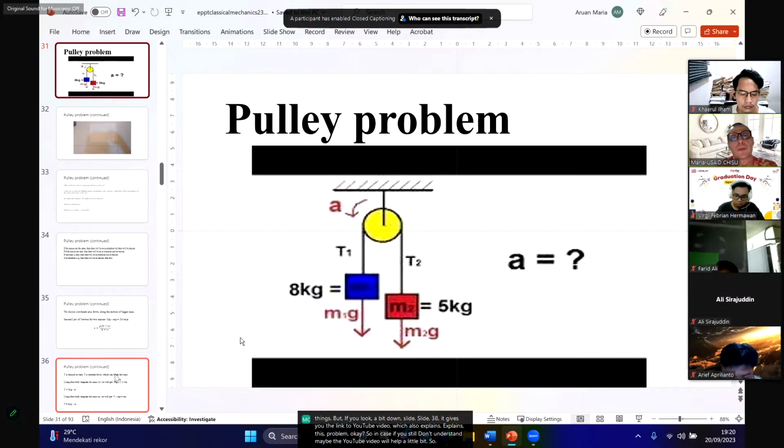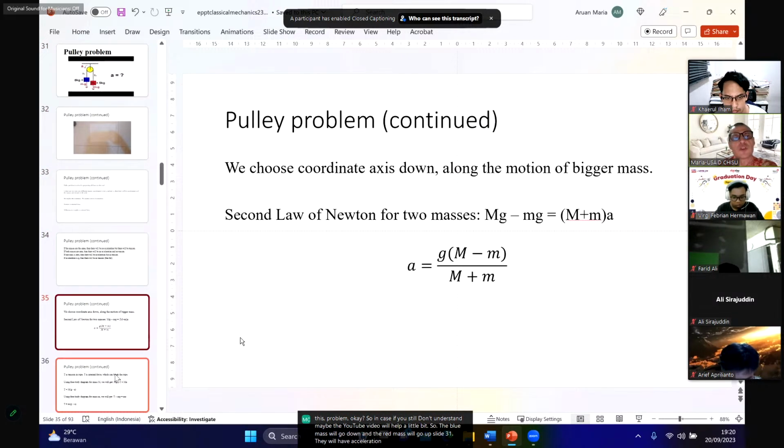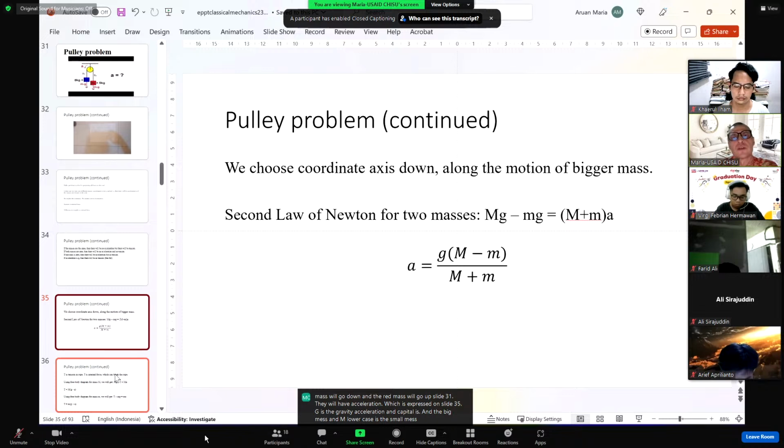So the blue mass will go down and the red mass will go up, slide 31. They will have acceleration, which is expressed on slide 35. G is the gravity acceleration, capital M is the big mass, and lowercase m is the small mass.